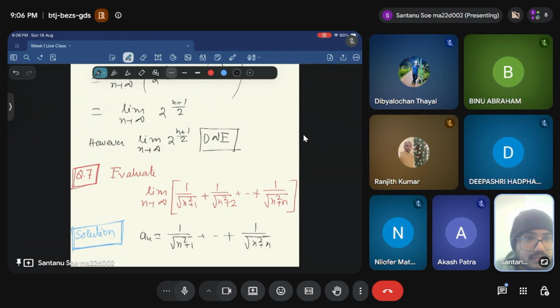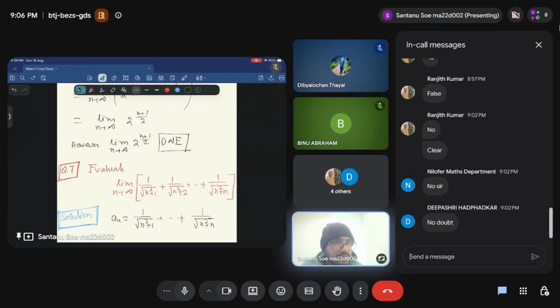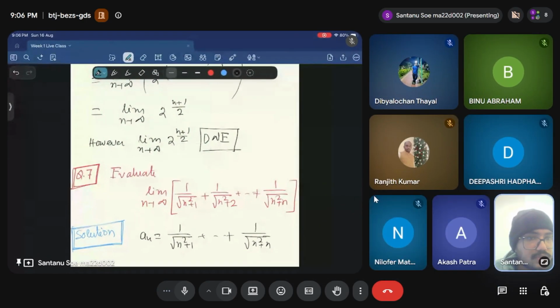Anyone? Binu, can you give me some ideas on solving this question? Try to find some sequences bn and cn such that an will lie between bn and cn. Okay, so let me show how to do it.